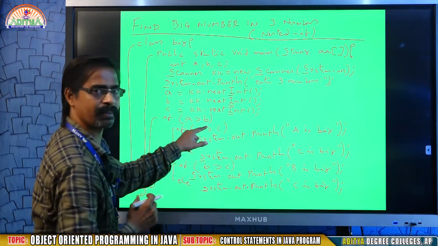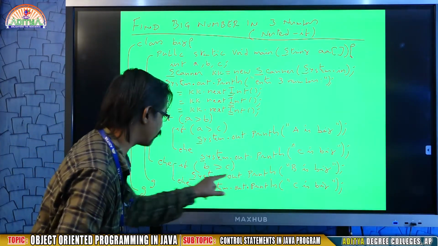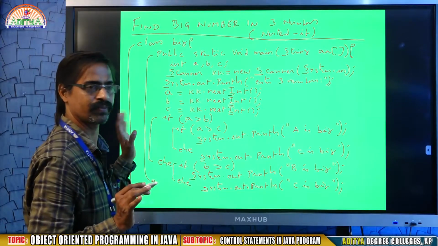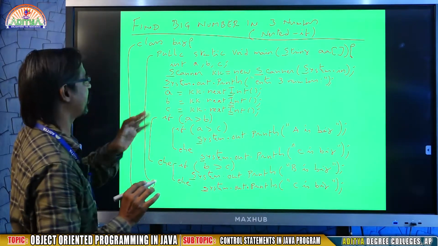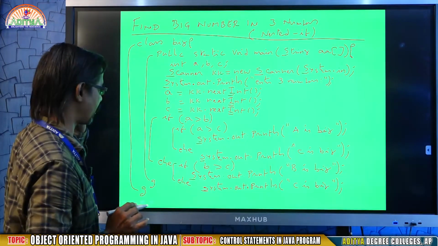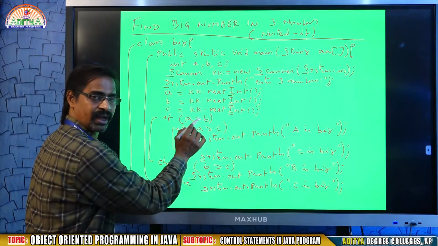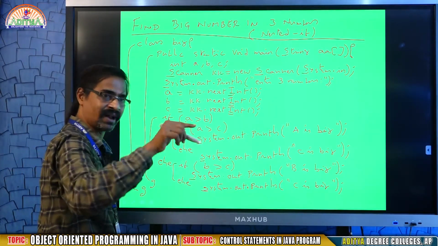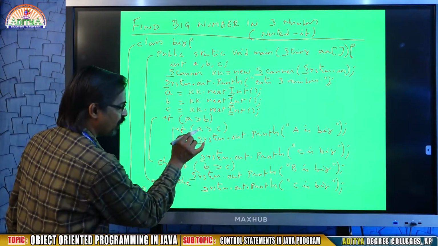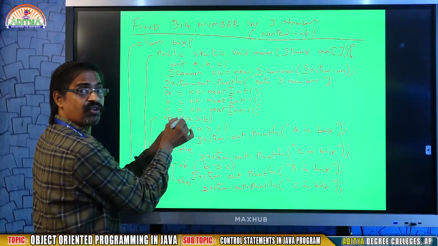In case A greater than B is false, it will go to else. In the else, if B greater than C, B is big, otherwise C is big. So this is the concept: how do you find the biggest number among 3 numbers using nested if. See clearly, if A greater than B, okay, A is big. In case A is greater than B, I am writing another if, A greater than C. That means the system will come to the second if when the first if is true.